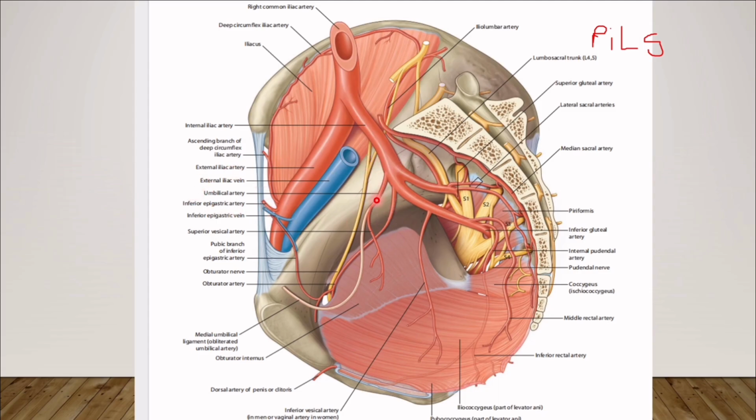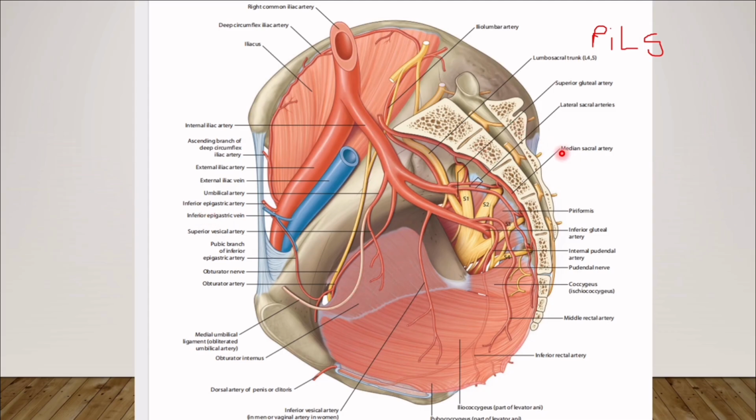So the umbilical artery, it gets obliterated and later becomes the medial umbilical ligament. Okay, but before it becomes the medial umbilical ligament, it gives off a branch called the superior vesical artery. So whenever you hear the word superior vesical artery, I want you to think of the what? Of the bladder. When you hear the word vesical, think of the bladder.